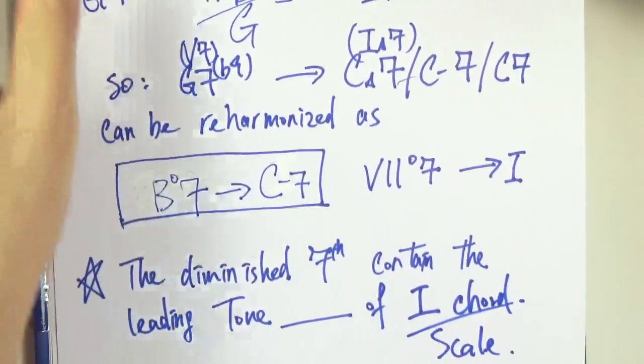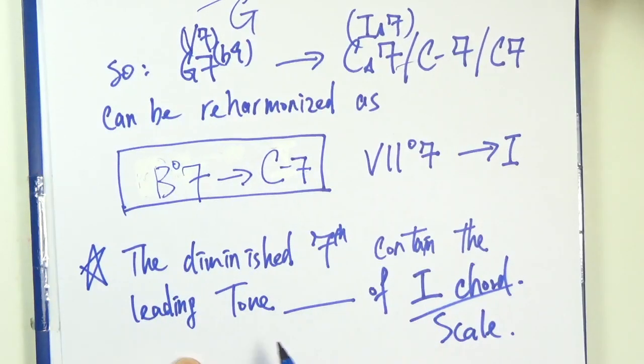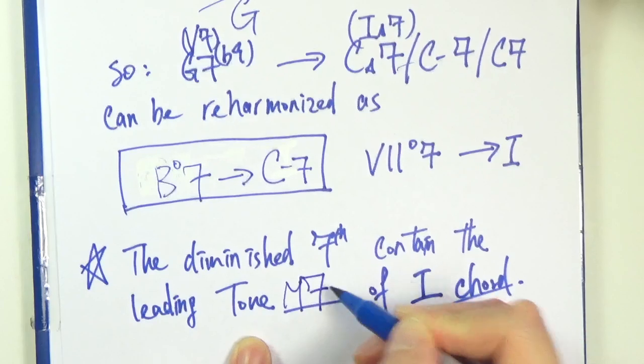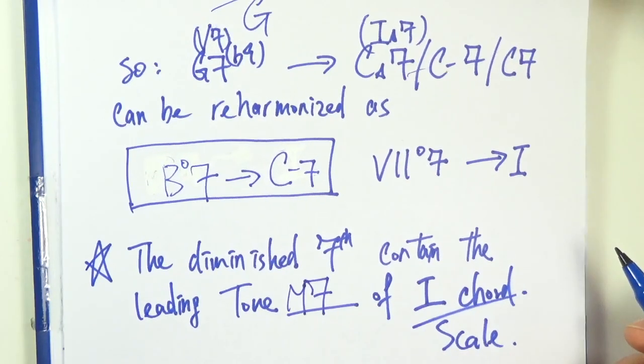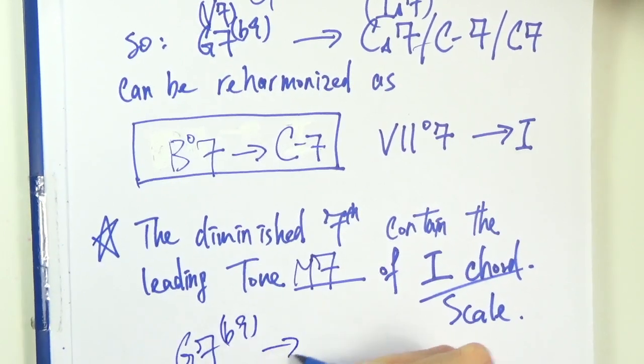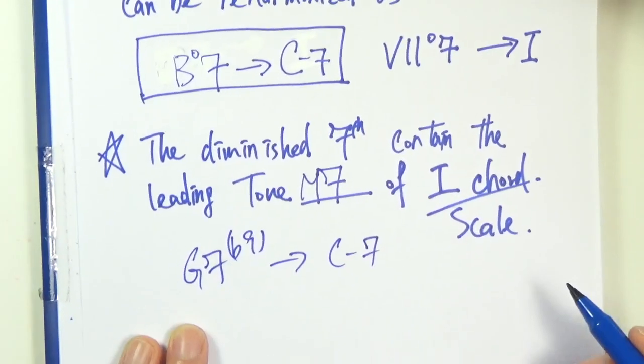The diminished 7th chord must contain the leading tone, which is the major 7th. So I'm going to write capital M here, major 7th of the I chord. So in this case, a G7 flat 9 going into, say, C minor 7.